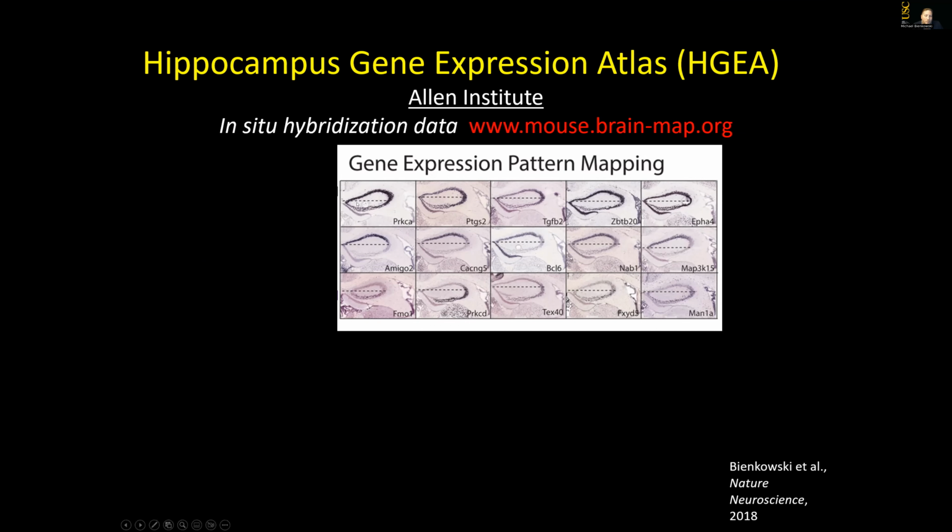The top row shows genes which are expressed in all of the pyramidal cell layer in this area of the hippocampus. The middle row is only expressed in the top half of that pyramidal layer, and the bottom row is only expressed in the bottom part of that pyramidal layer.